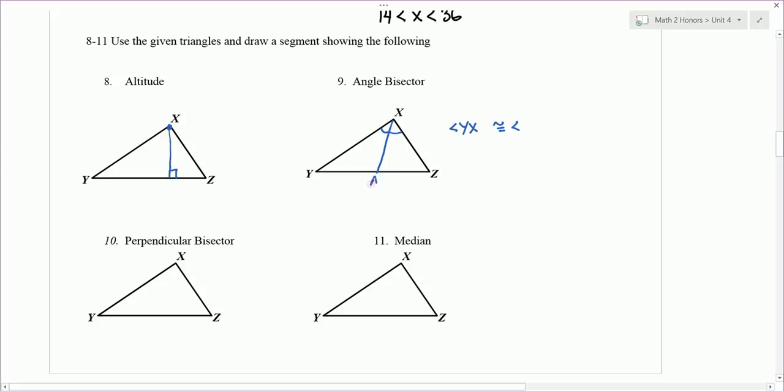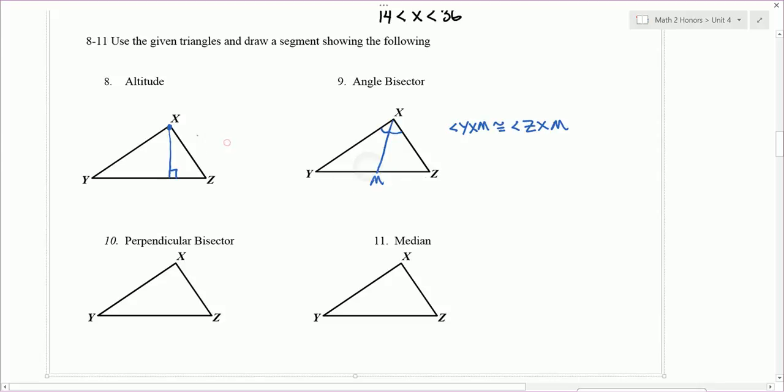Let's put M here. Angle YXM is congruent to angle ZXM. And that's all we get from the angle bisector. We do not get that M is a midpoint. We do not get that YM and MZ are the same.